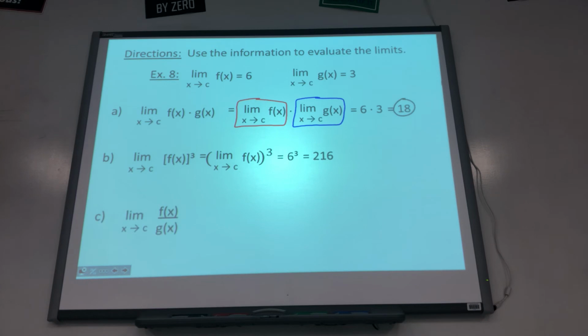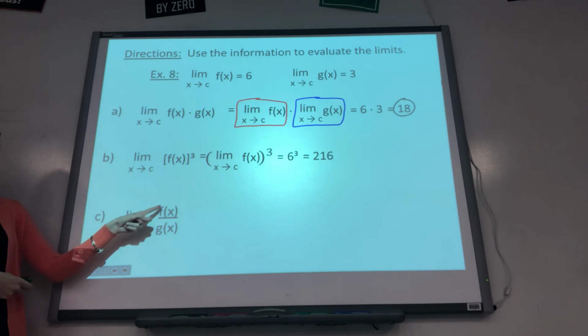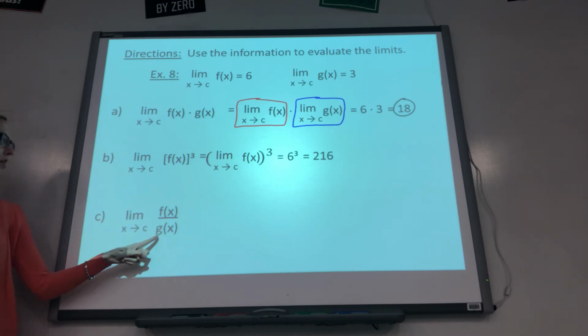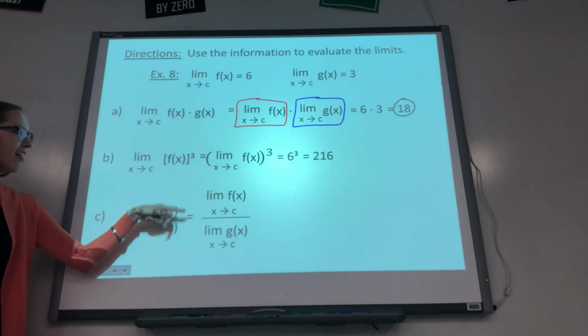Now, last one here. Again, these should be pretty simple ones to see how they work. Part C, we're finding the limit as x approaches c of f of x divided by g of x. The limit of a quotient equals the quotient of the limits.